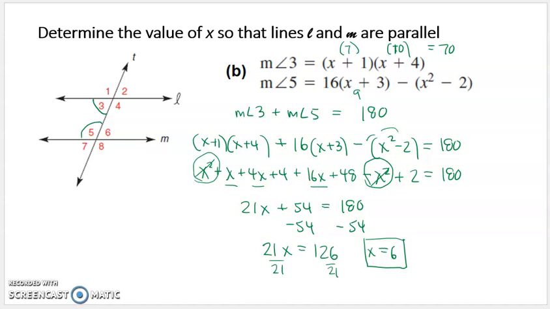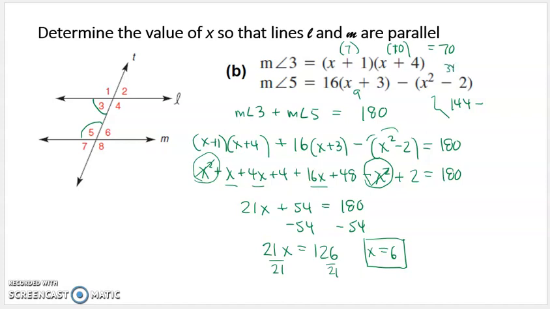So I'll move over here, 144 minus 6 squared, which is 36, minus 2. So 36 minus 2 is 34.